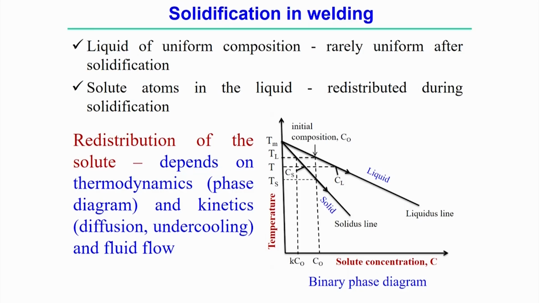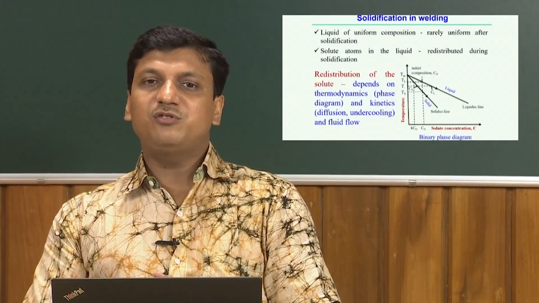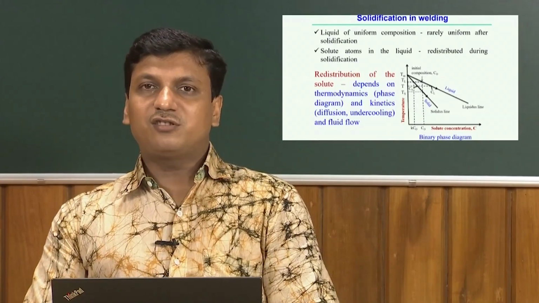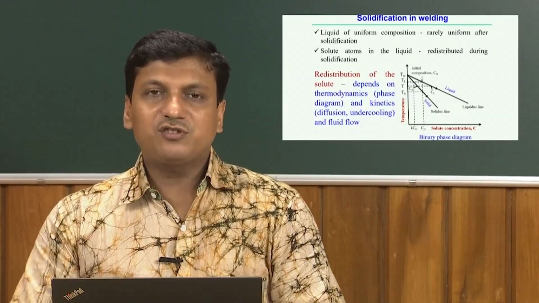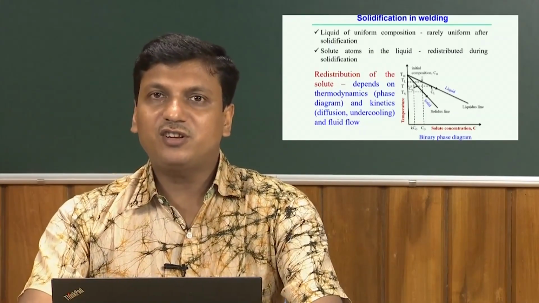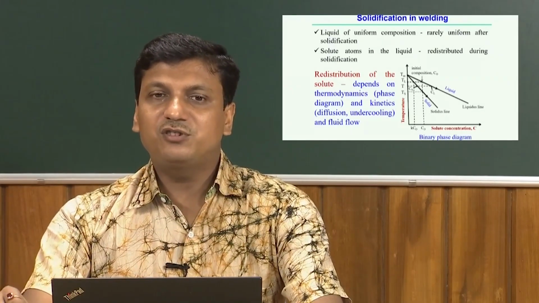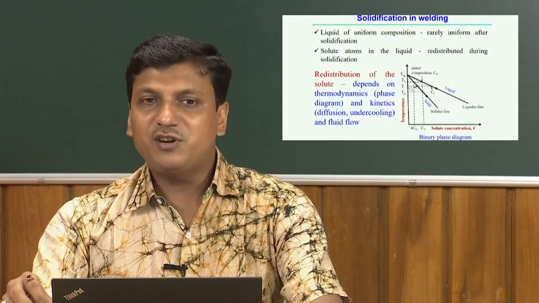Here the liquid is of uniform composition, but after solidification it may not be uniform. The redistribution of solute atoms also happens during the solidification process. The redistribution of solute atoms in the solidification process, specific to binary alloys, depends on thermodynamics, that means the phase diagram, and kinetics. Kinetics means diffusion, undercooling, and any material flow.